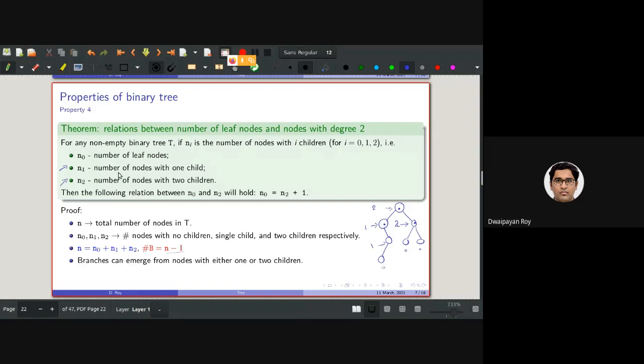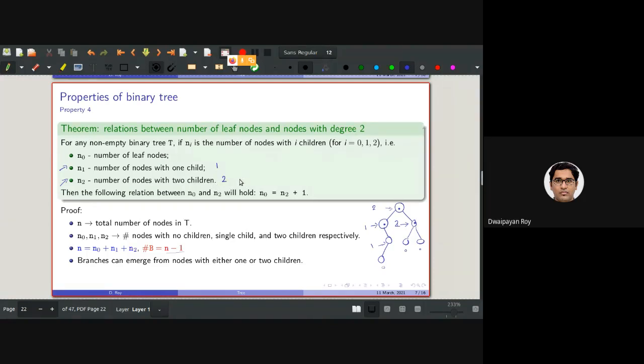Now let me ask you, how many branches can start from the n1 nodes? The nodes participating in this n1. I mean, for each one it is 1. Altogether it will be n1, absolutely correct. And for this n2, for each node it will be 2.